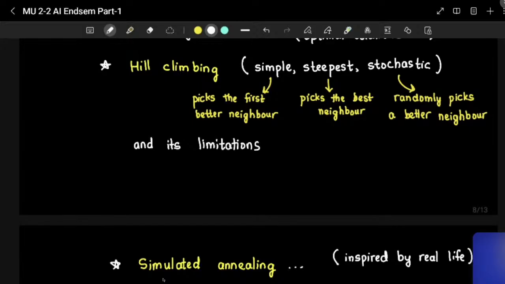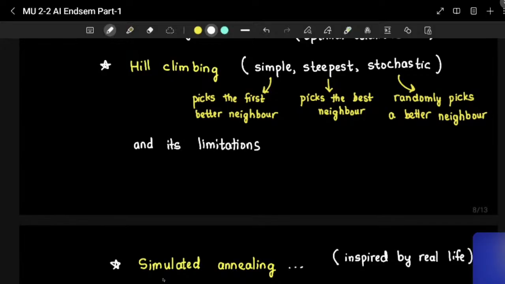If it doesn't, then it will generate one more random one. So it will keep generating random neighbors until it gets a better neighbor. So there's no guarantee that it's the best neighbor. The moment it finds a better neighbor, it will update the current state to the neighbor state and then repeat the process.